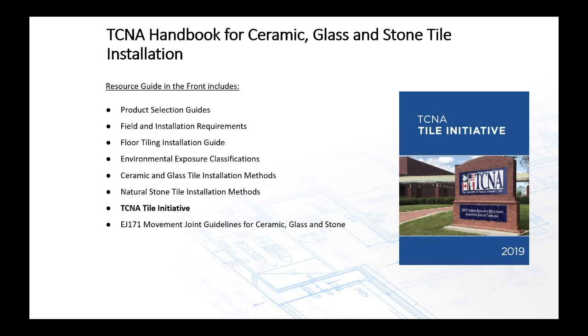The field and installation requirements, these are where some of the requirements come in for lippage and grout joint size and running bond, etc. The floor tiling installation guide, and that is kind of based on Robinson, and I'll show you that in a minute.